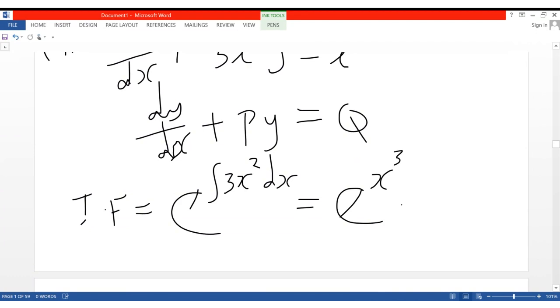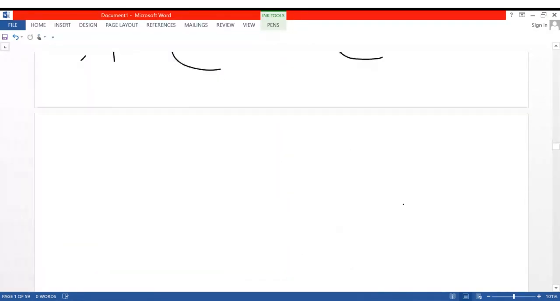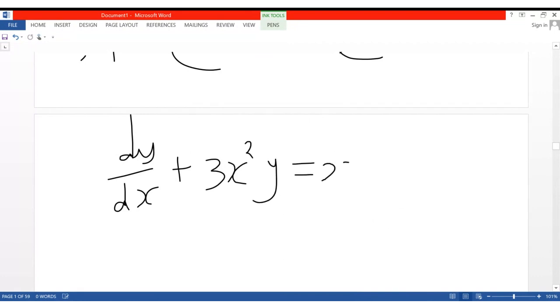So I'll take this exponential x to power 3 to the equation, the one that I have. So this is what I have in the equation: dy all over dx plus 3x squared y is equals to x squared. I multiply the whole of this one with exponential x to power 3.